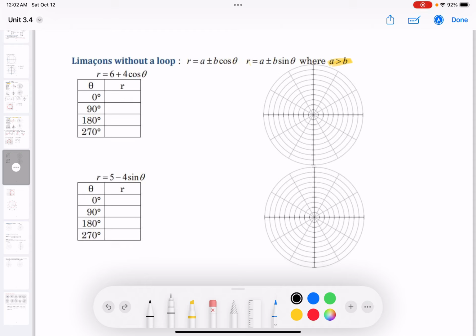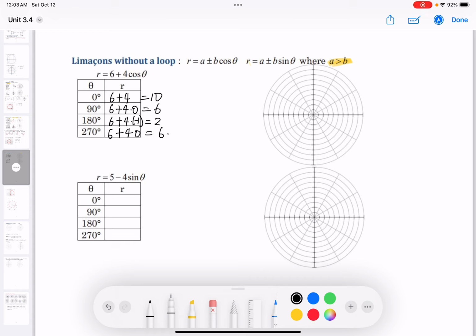When theta is equal to 0 degrees, 6 plus 4 times cosine 0 degrees is 6 plus 4, equal to 10. At 90 degrees, 6 plus 4 times 0 is equal to 6. At 180 degrees, we have 6 plus 4 times cosine 180 degrees, which is negative 1, so 6 minus 4 is equal to 2. At 270 degrees, 6 plus 4 times cosine 270 degrees is 0, so we have 6.